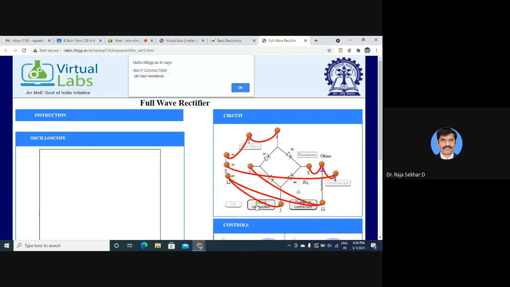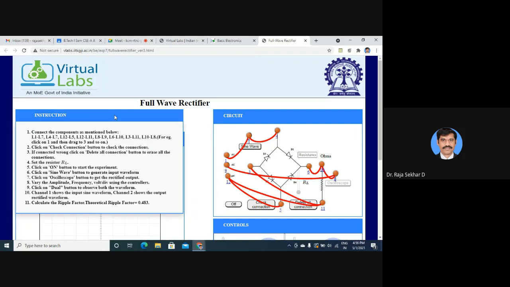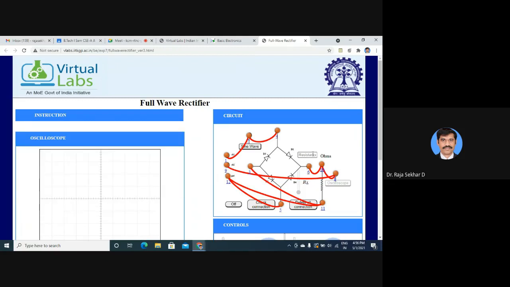Now check the connections. Right connection. Now click on check connection. Now set the resistance RL.